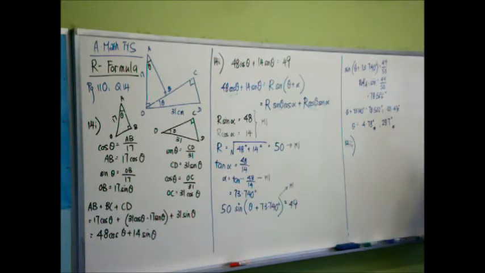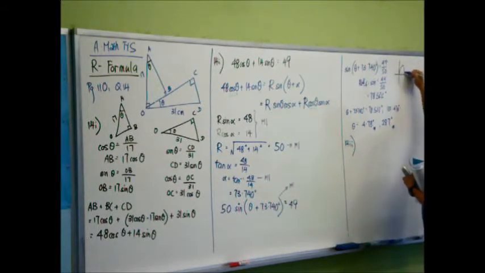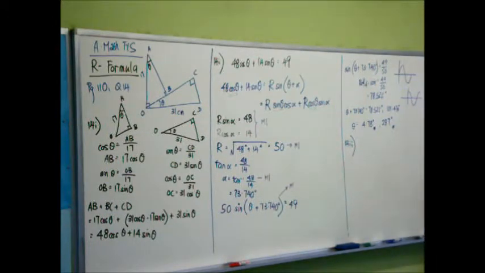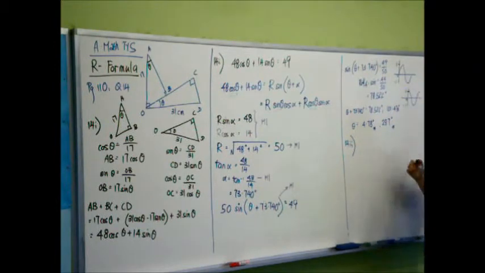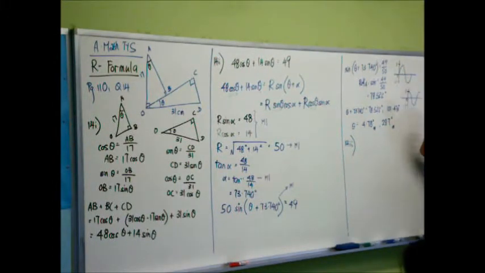For sine and cosine, can you remember what is the maximum value of a sine and cosine curve? 1. What is the minimum value? -1. And please consider 0 as well. These are the 3 critical values you will always use if you need to consider maximum or minimum. So you take it to be 1, 0 or -1.